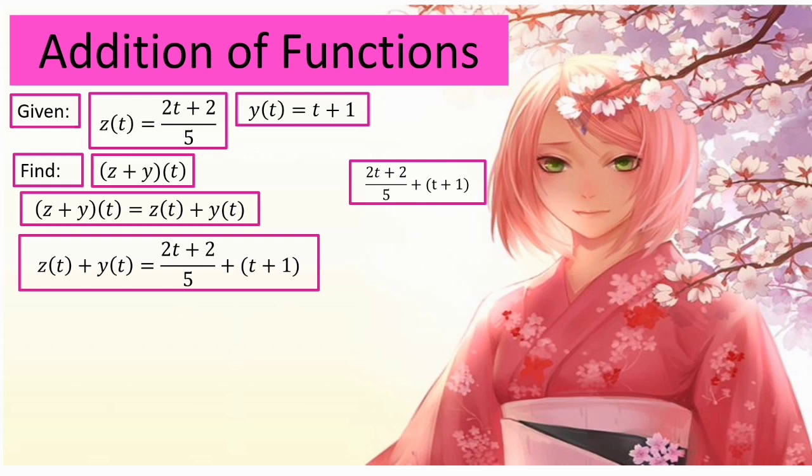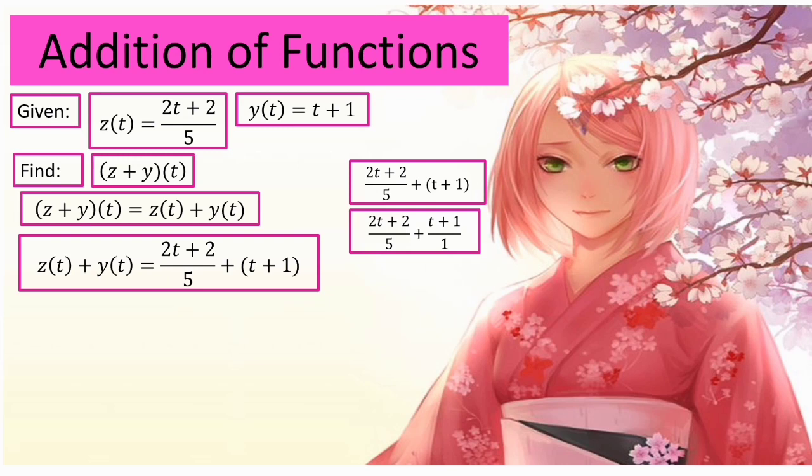Kunwari, yung 5 mo, gawin natin siyang fraction. So, yung 5 magiging 5/1, kasi 5/1 is equal to 5. So, walang nagbago. The same pa rin yung value niya. So, ang gagawin natin dito, yung t plus 1 natin, mag-over 1 lang tayo para hindi siya magbago. So, magiging ganito: (2t plus 2) all over 5 plus (t plus 1) all over 1.